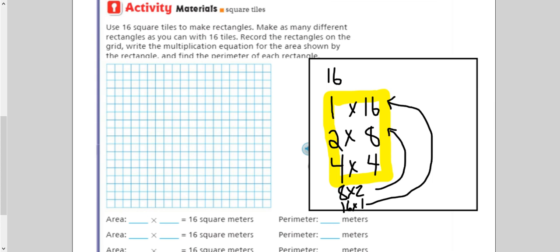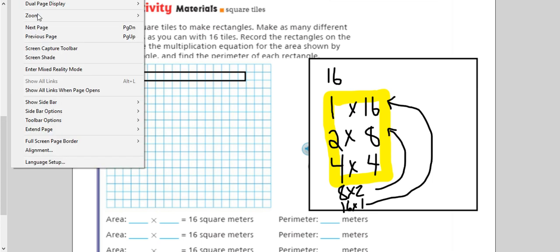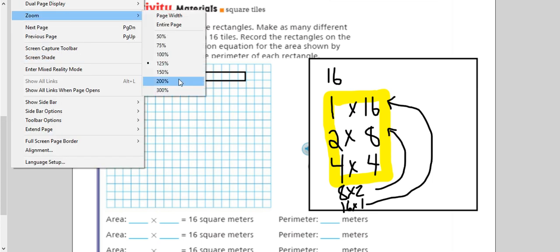So, let's go ahead and put in the first one. It is a 1 by 16. And, boy, let's get these counted out here. I think this will do it. Let's get zoomed in here so you can really see.